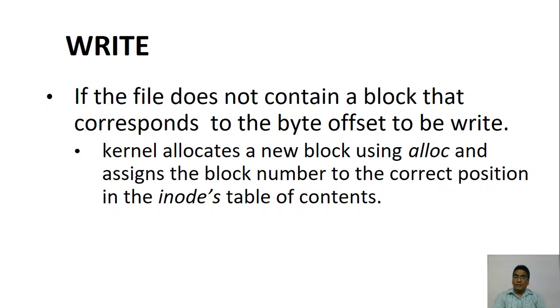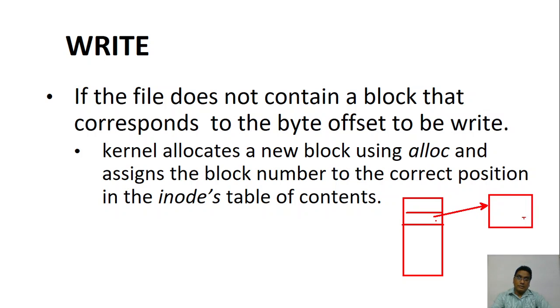Now, when we try to write the content into the disk, the file may not contain the block. We know very well that whenever we want to write something, we have to use the inode, and in the inode there is a pointer that points to the actual place where the content has to be written, the block where the content has to be written.